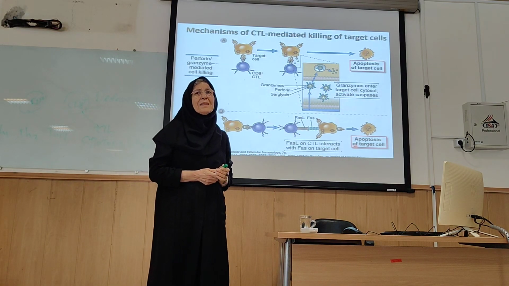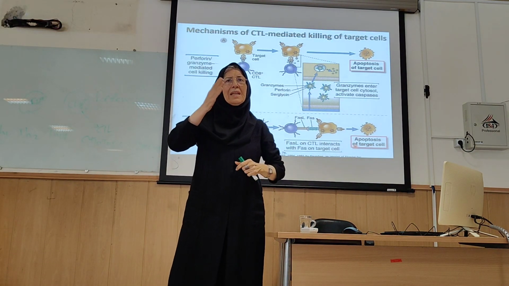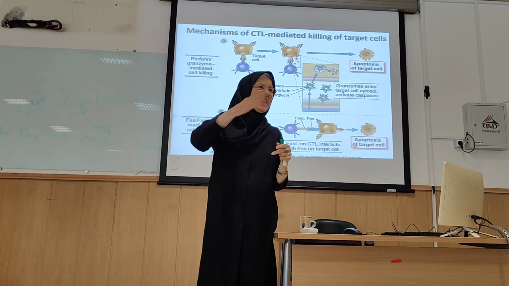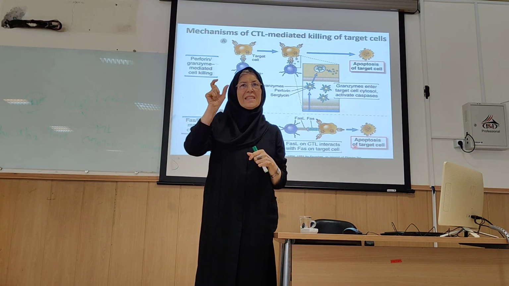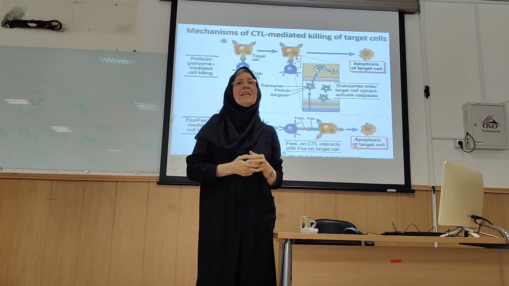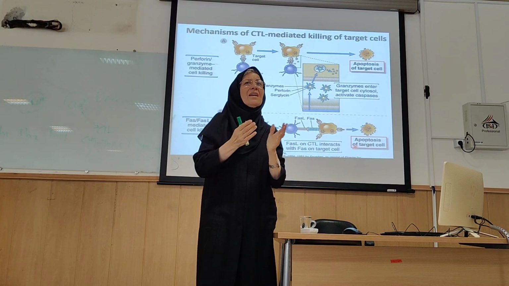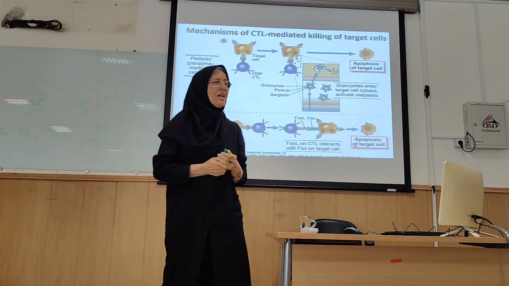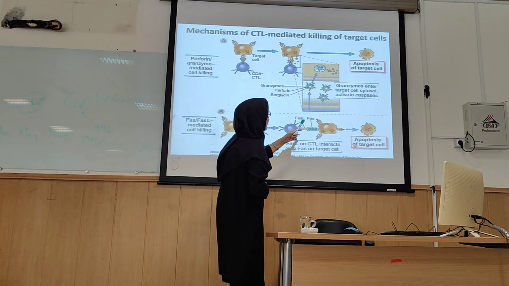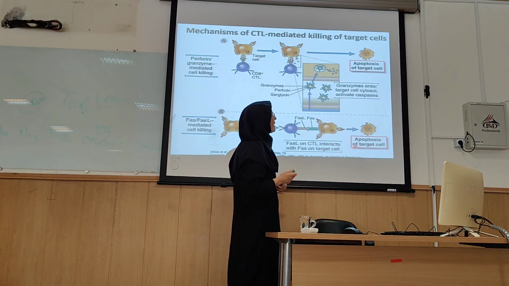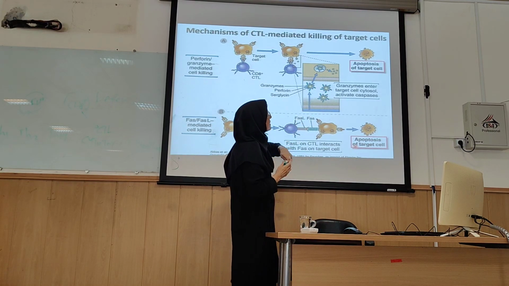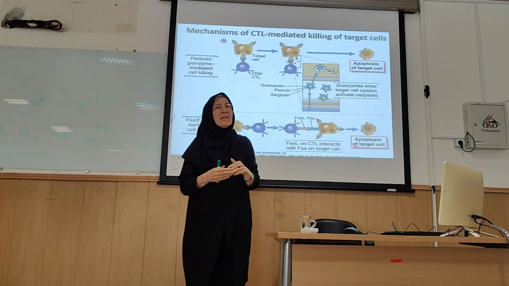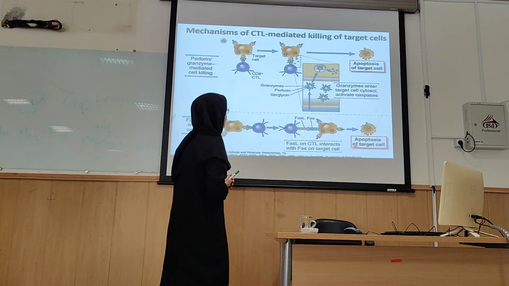They are enzymes that do the segmentation and cut the DNA into segments, and in this way can kill the target cells or induce apoptosis in the target cells. Then, by activation of the caspases in the target cells, they can induce the apoptosis.